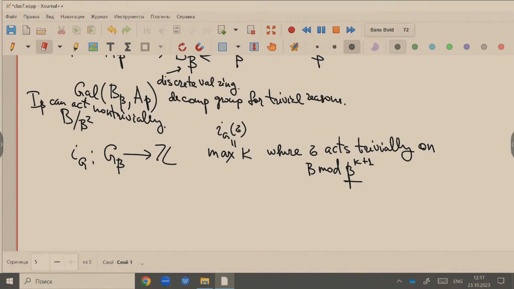I think there should be a k plus 1, but maybe I have to look at what G0 is. G0 is the decomposition group. So I think here we don't need the 1.